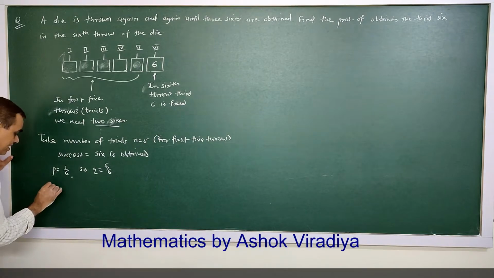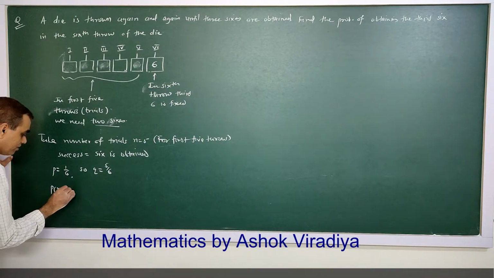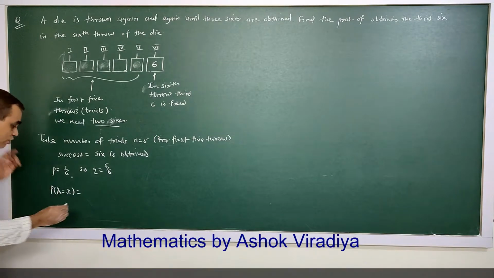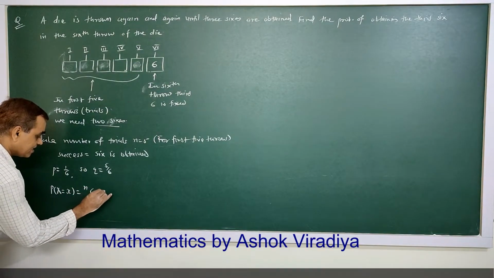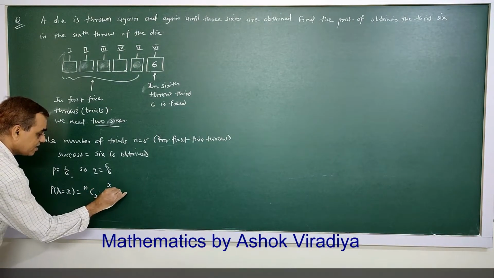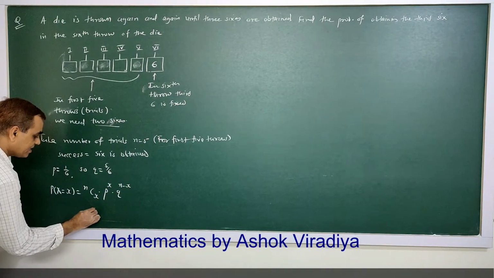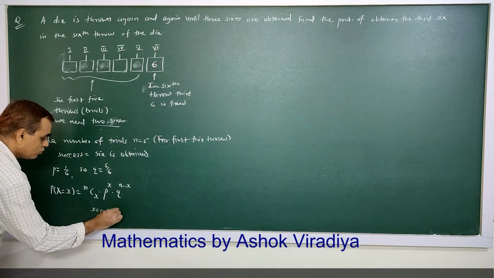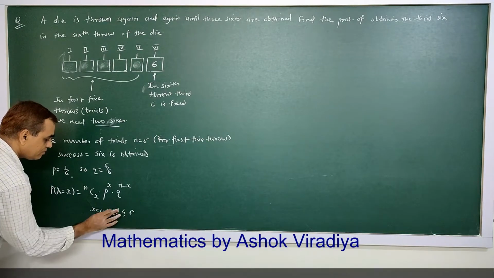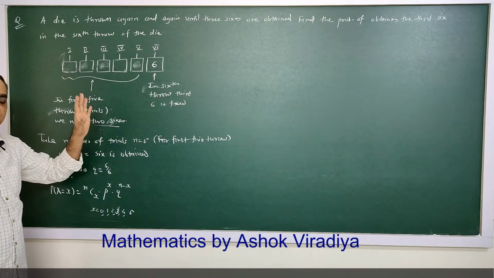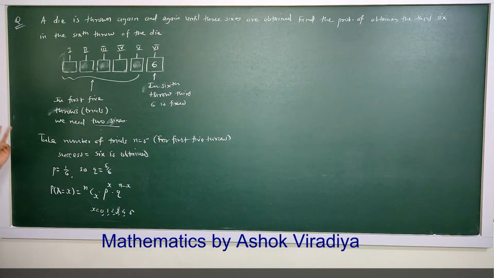So probability that X takes number of successes X here for these first trials. To find probability of number of successes, formula is nCx p raised to x q raised to n minus x, where x is 0 to 5. We are talking about first 5 throws. In first 5 we need 2 sixes.